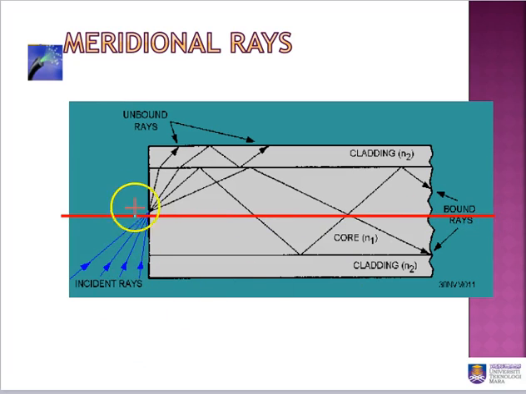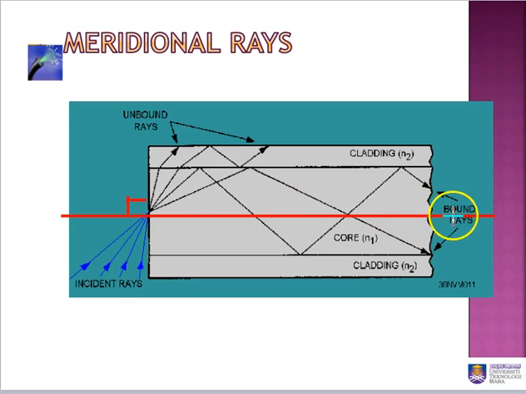The axial ray occurs when light enters from air to core at 90 degrees, and the light will pass from the transmitter to the receiver without total internal reflection.